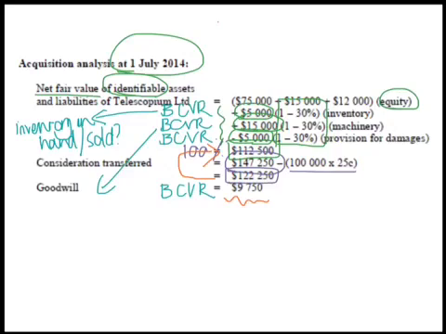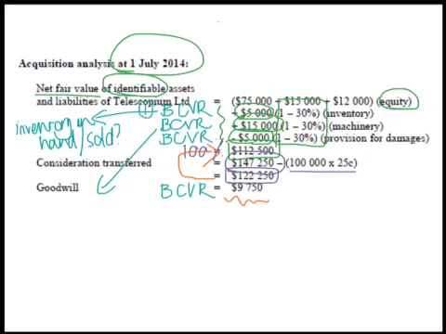If the machinery still exists, we will do the BCVR entries relating to that. If the machinery has been sold or fully depreciated, that needs to be considered. Further to that, we will raise the liability against BCVR and the acquired goodwill.